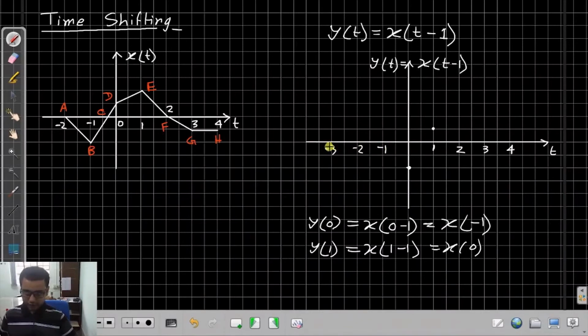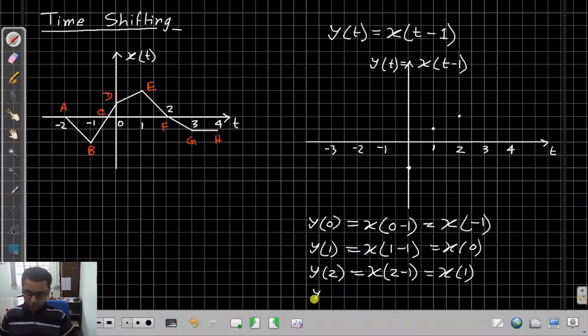We have to find the value of y at these points. So let's find y2. y2 is x of 2 minus 1, that is x of 1, and x of 1 is this point E, which is 2. So y2 is 2.